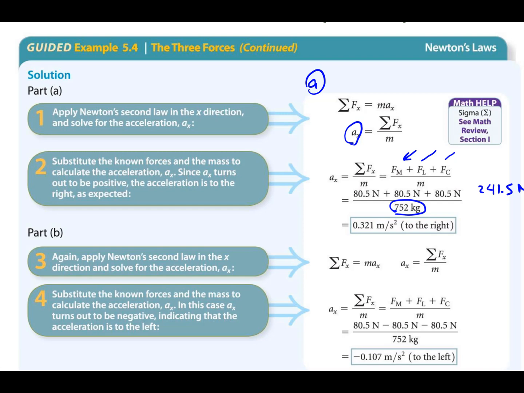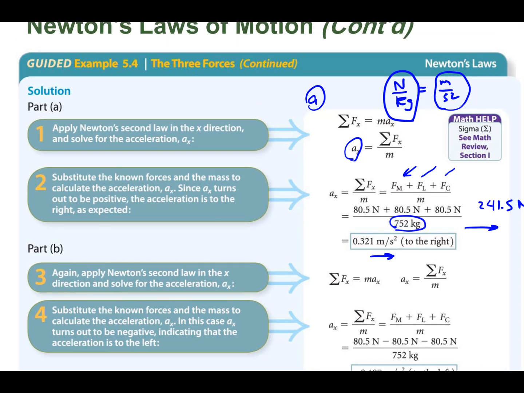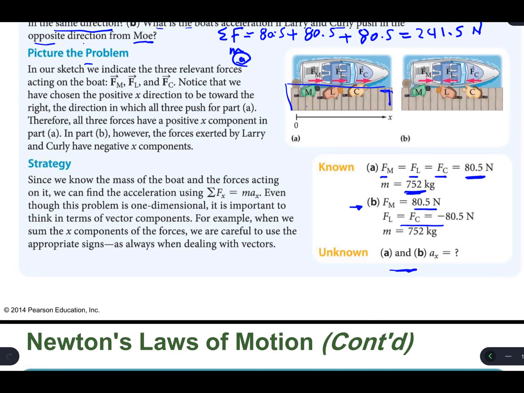So the unit will be newton per kilogram, or what we call meter per second squared. They are equivalent units. And he said here, to the right, as you see, the number is to the right.